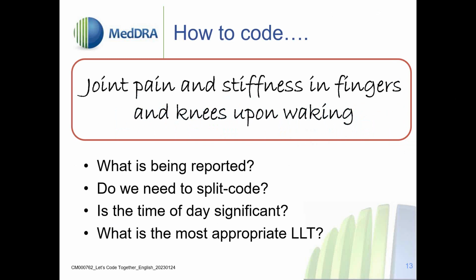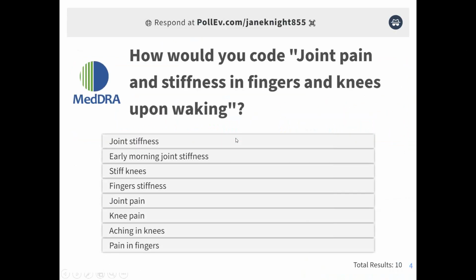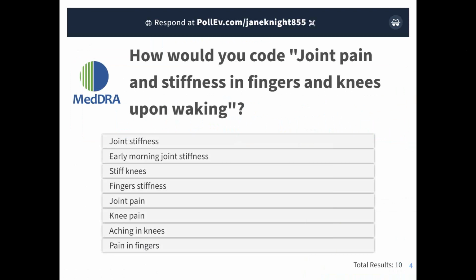And what would be the most appropriate LLT here, or the most appropriate LLTs? So which LLT or which LLTs would you select? Would you read the verbatim to mean that the joint information refers to stiffness of both the knees and the fingers? It's obvious for the knees because the knees are considered joints.